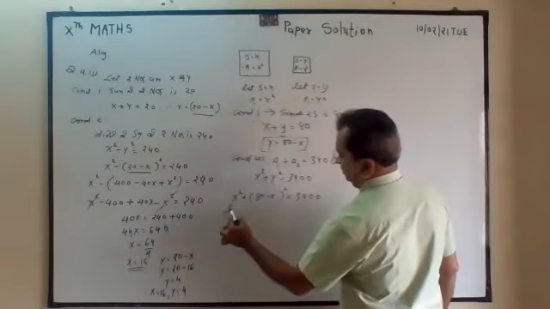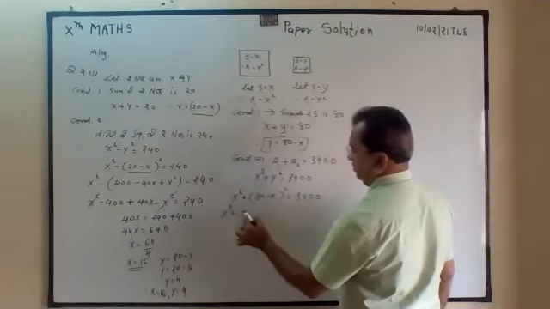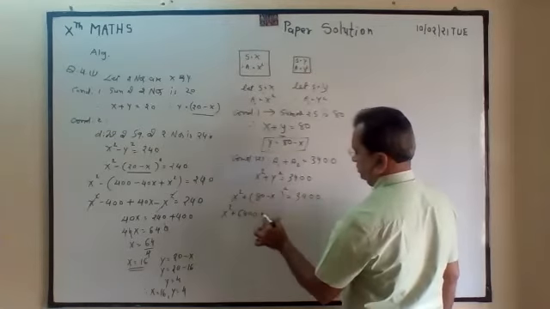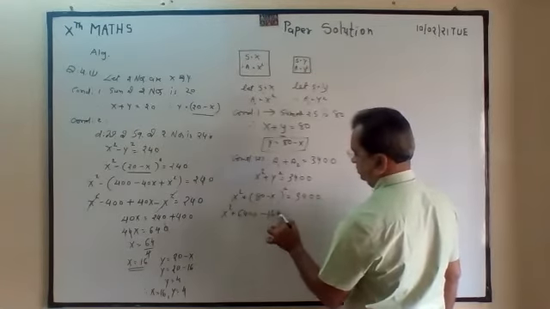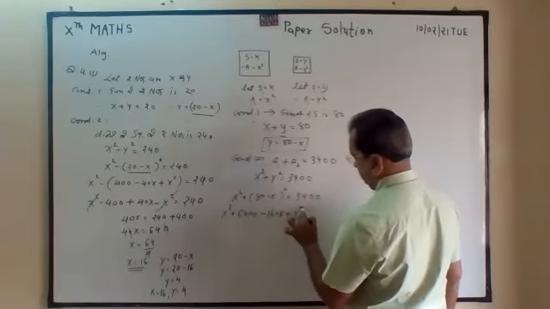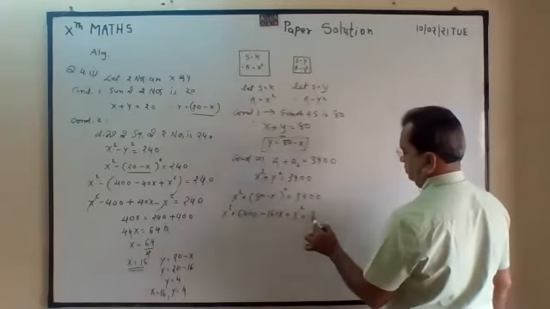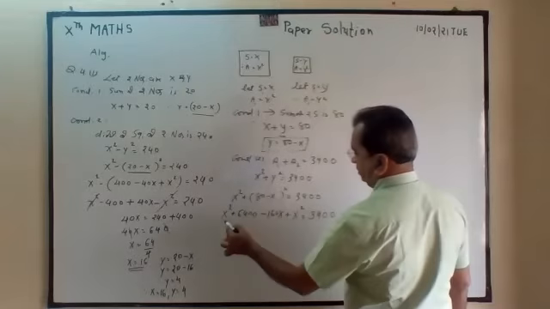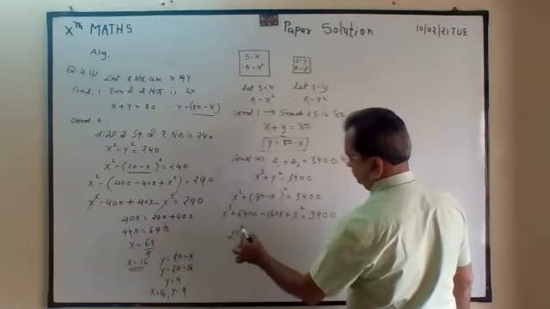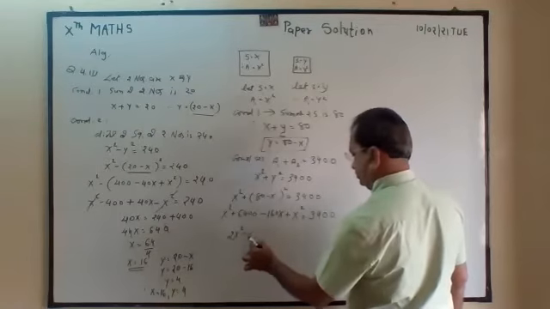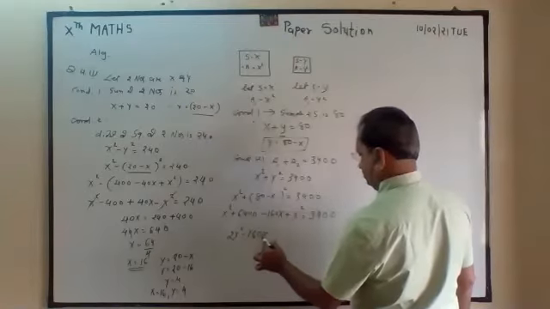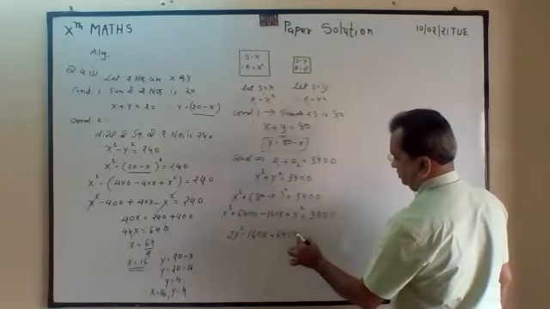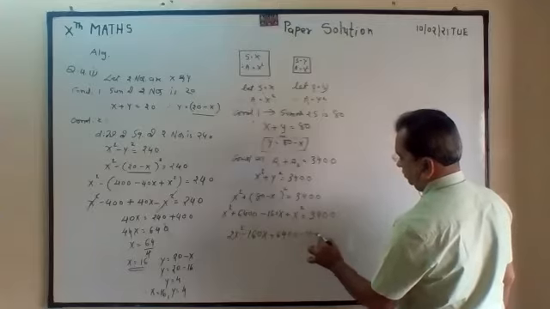So x square, square of first number 80 is 6400, this into this into this, correct? x square plus x square, 2x square minus 160x plus 6400 is equal to 3400.